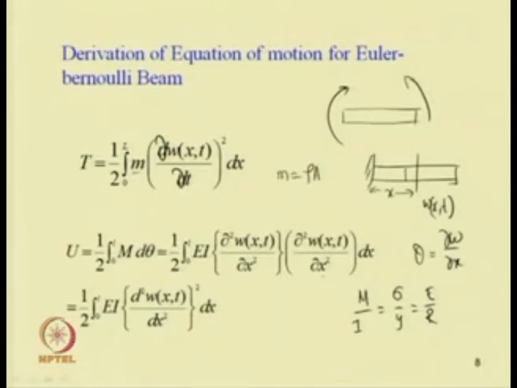So, the potential energy, or the strain energy associated with the vibration in the transverse direction, equals half integration 0 to L E I del square w by del x square whole square dx.